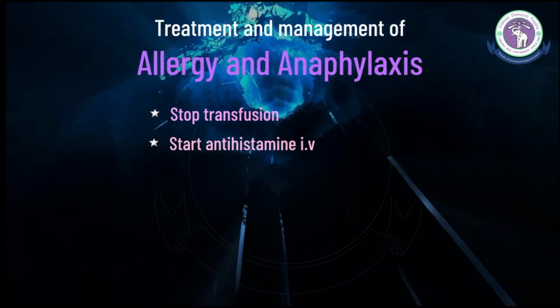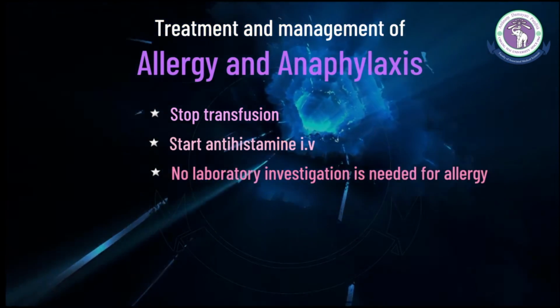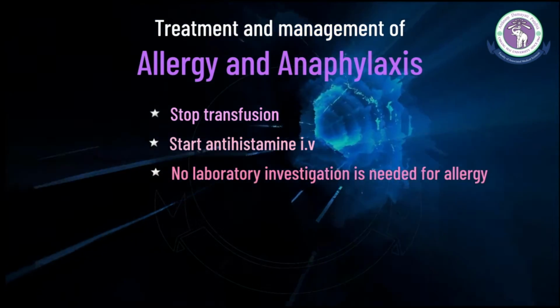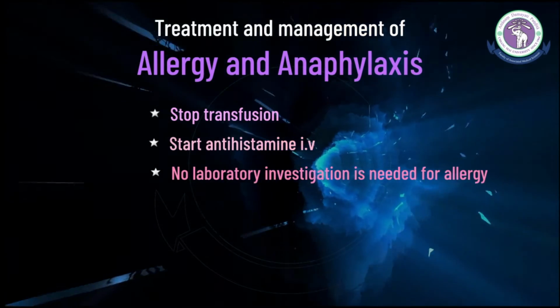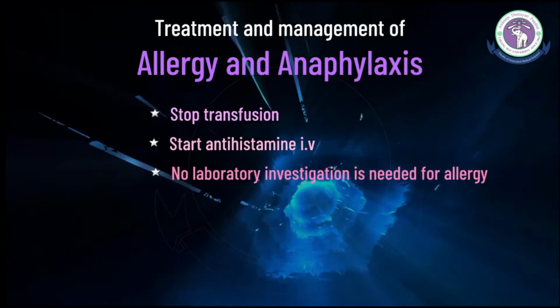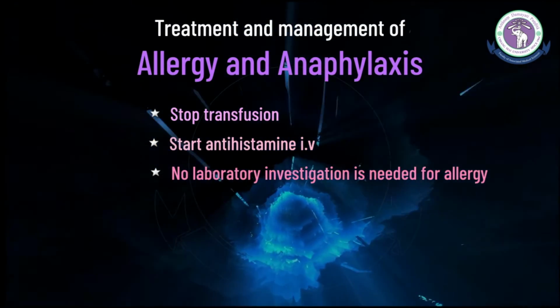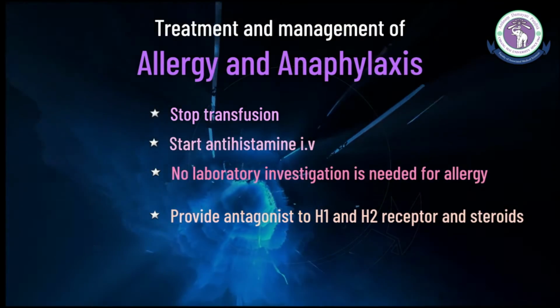The transfusion may be resumed and no laboratory investigation is required. If severe urticaria presents or the patient does not respond to antihistamine, anaphylactic or anaphylactoid reaction may be suspected. Antagonists to H1 and H2 receptors and steroids should be started.